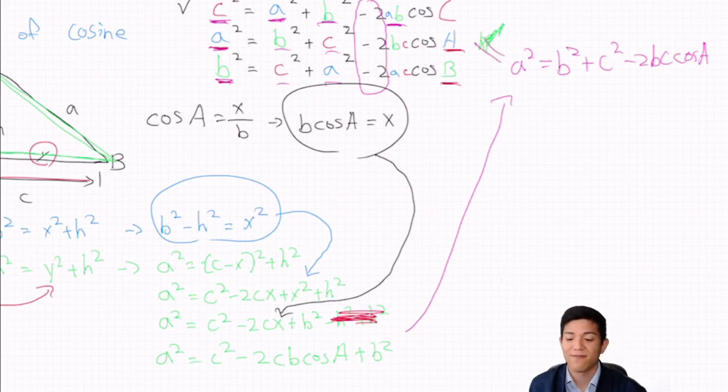And that is how we derive the law of cosine. And we can do this for all three of them, not just one. I'm just going to show the one, but that's how it works. So that's why the law of cosine works.